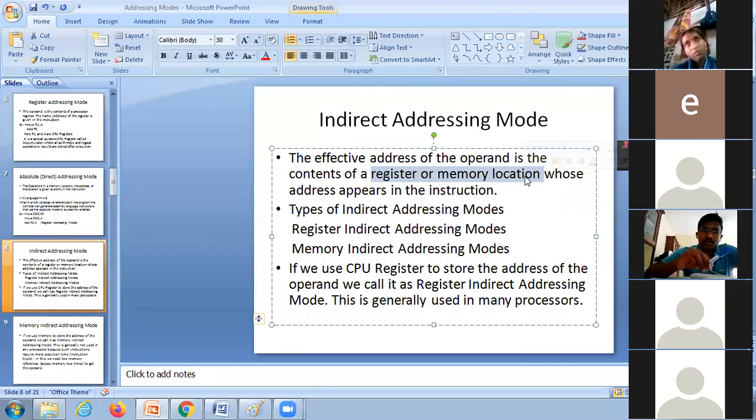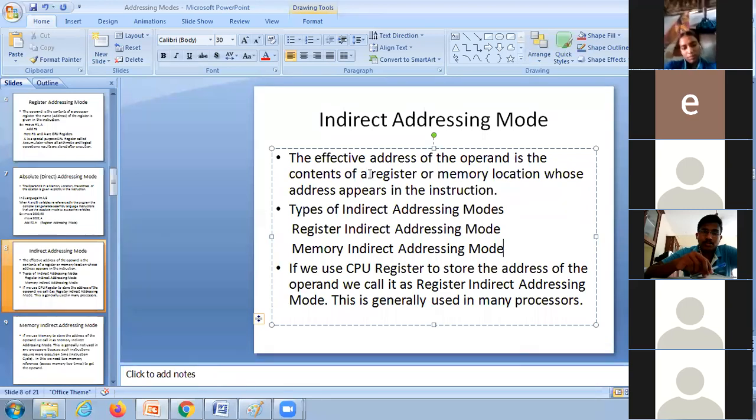You can use either a register or a memory location for indirect addressing. If you use a register for indirect addressing, we call it register indirect addressing mode.